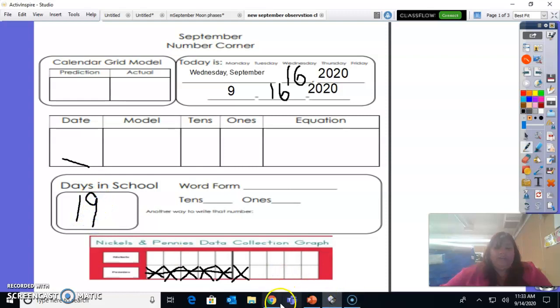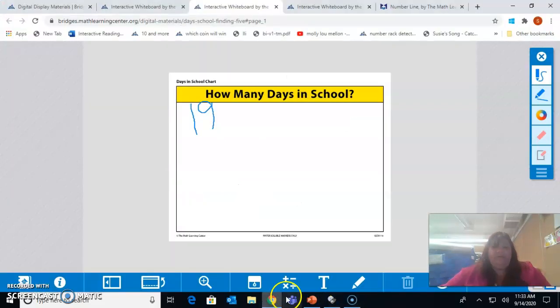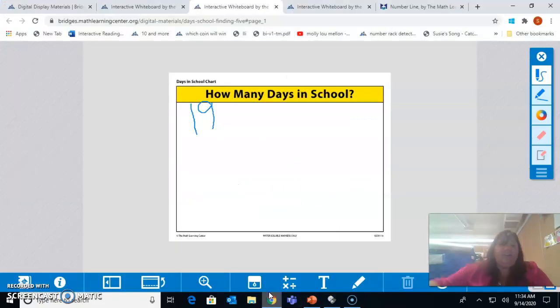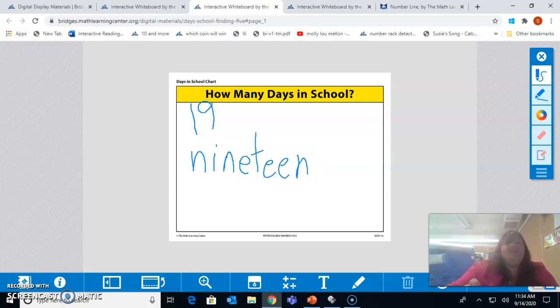Okay, I am going to write the word while you write it here. We have 19. And since we're doing 10 and some more, I can do 10 plus 9 equals 19.